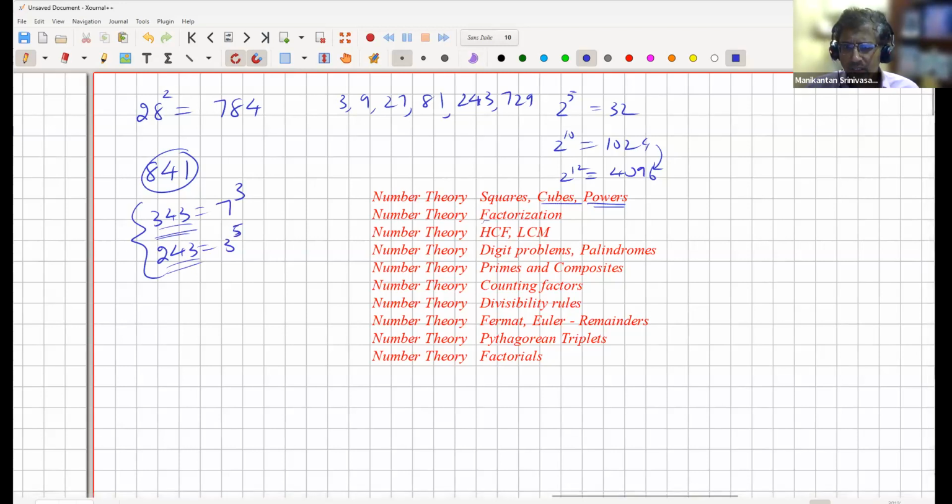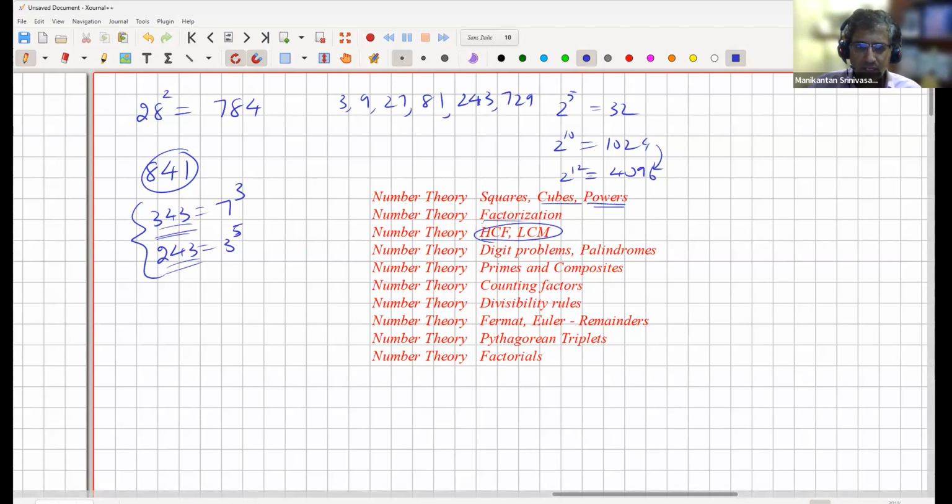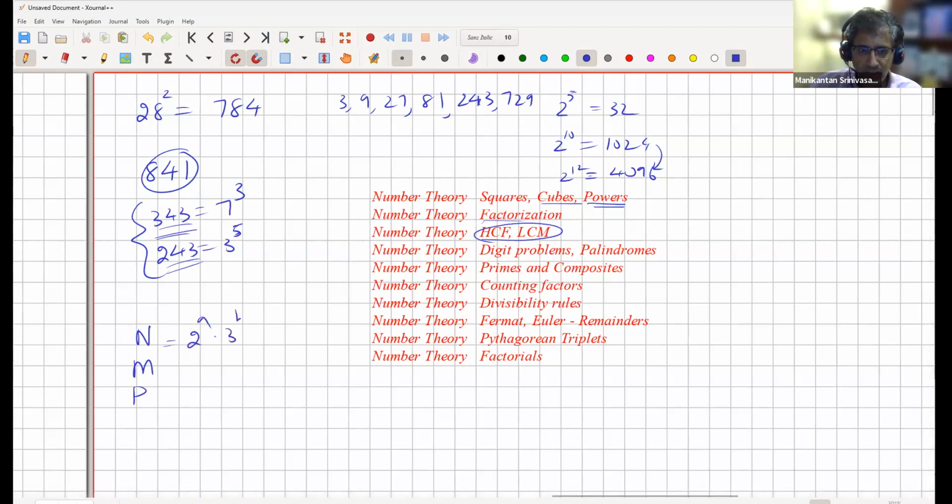Factorization. Or rather HCF and LCM you can do, right? So if you have any two numbers, or even if you have 3 numbers, each of them has some powers of prime numbers. So this is, let's say, 2 power P, 3 power Q, 5 power R, something, right? And this also same thing. The HCF will be the minimum of each of them.